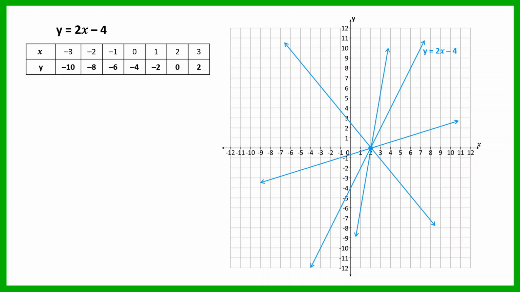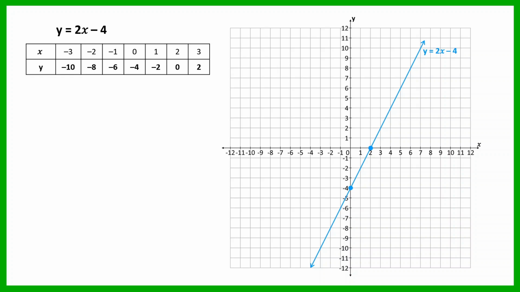So in order to make sure that I know what direction to draw a line, I have to have at least 2 points, but I don't need to have more than 2. I just can't have only 1 point. Okay, so once I've got 2 points, those other possibilities disappear, because now I know what direction I have to draw the line. So when we're drawing a straight line graph, we actually only need 2 points.